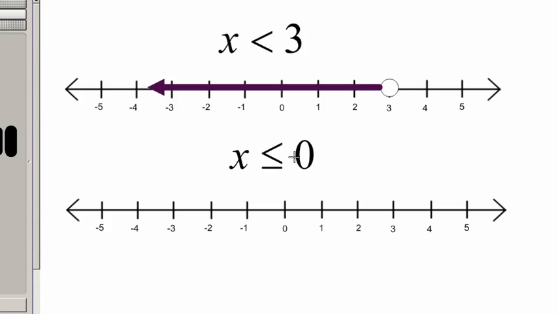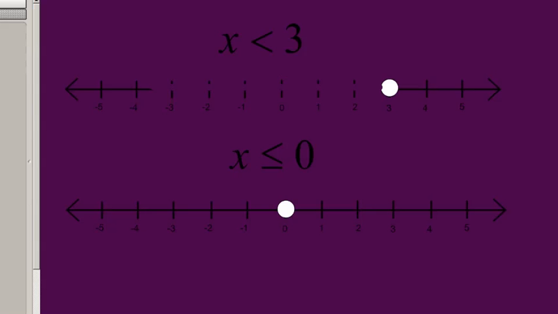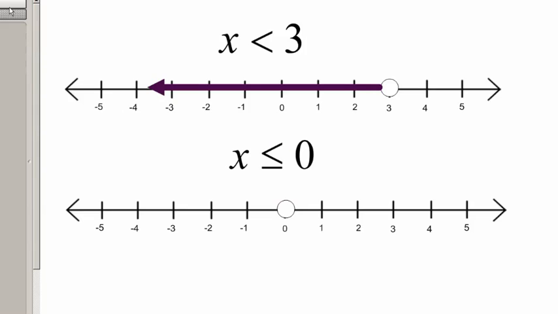Since 0 is included, the way we show this is we draw that circle and we put it on 0, but to show that equality is there, to show that 0 is actually a possible solution to this inequality, we fill it in.